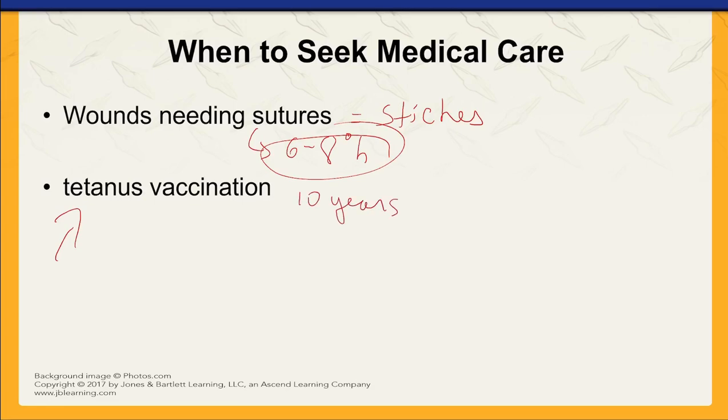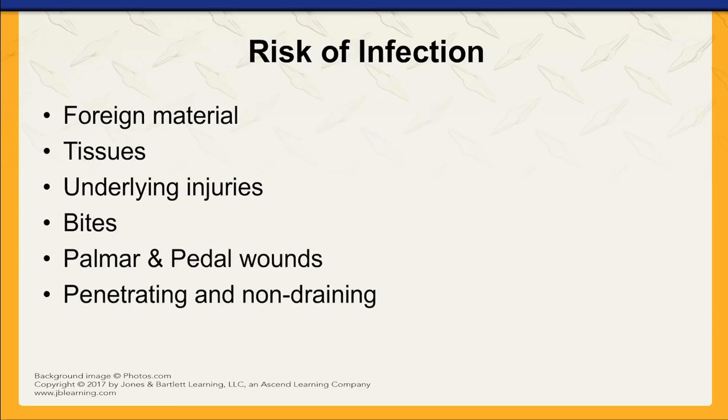Now, let's say you get injured by a very dirty nail or a dirty piece of glass. At that point, if it's been more than 5 years, they'll probably give you a booster. So with 10 years you're relatively safe, but if you have a dirty injury, then 5 years.